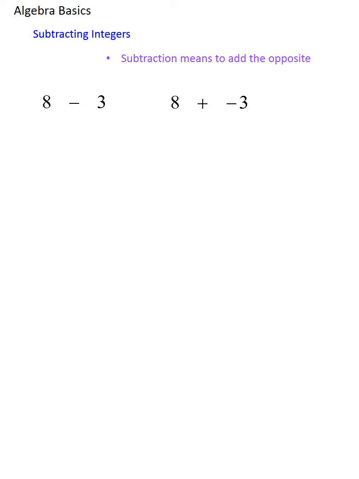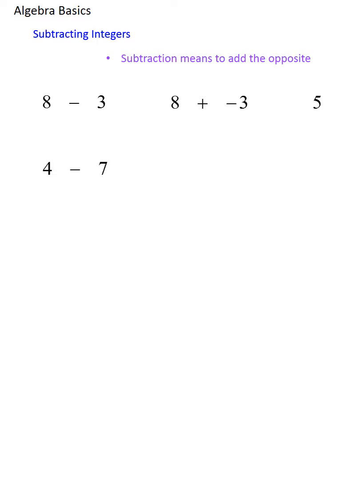Now here I'm adding two opposite sign numbers, so I subtract them and I take the sign of the larger number, just as we saw in the prior problems. Now, am I suggesting that when you see 8 minus 3 in an algebra problem that you write it as 8 plus -3? No, that's a little bit overboard, but this does give you a general idea of the concept that subtraction is really the adding of a negative.